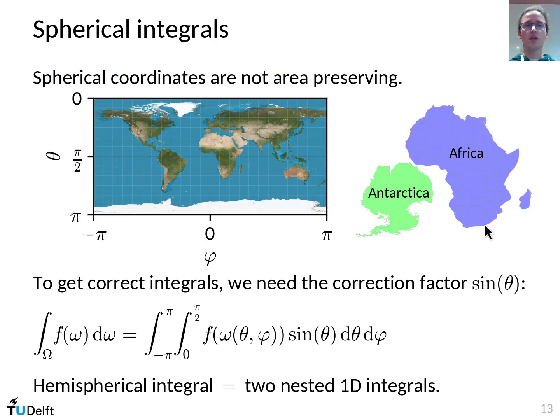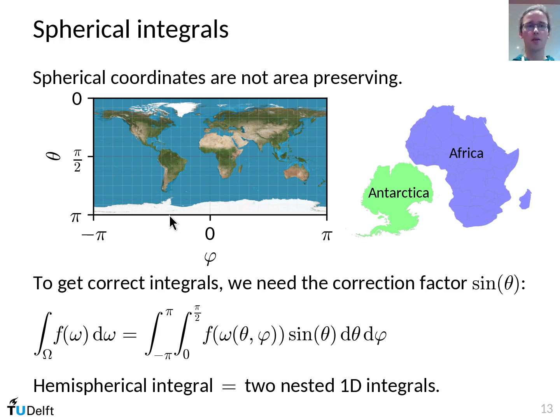Okay, so now we have a way to describe points on the sphere with just two angles. And now we want to use this to compute integrals. But in doing so, we have to be a bit careful, because spherical coordinates are not area preserving. The maybe most intuitive way to see this is to look at a map of the world, as shown here.